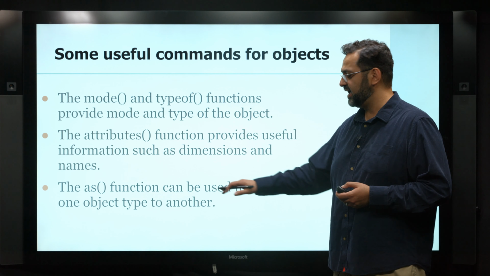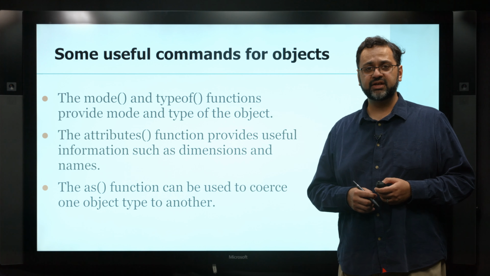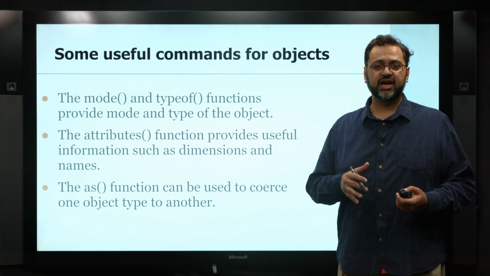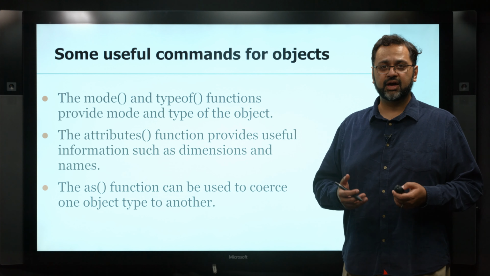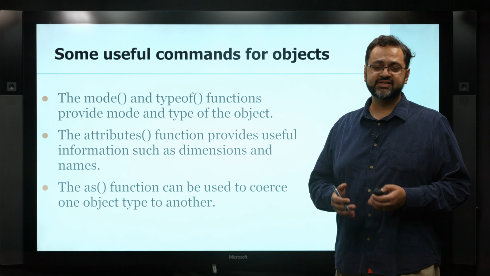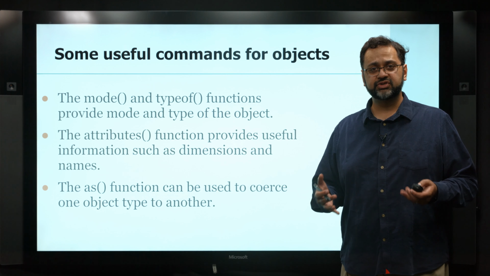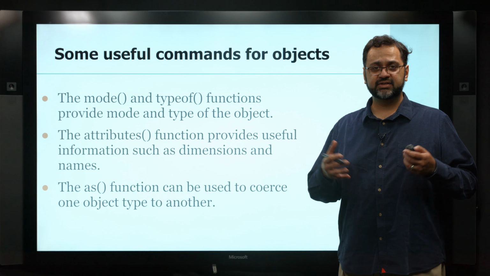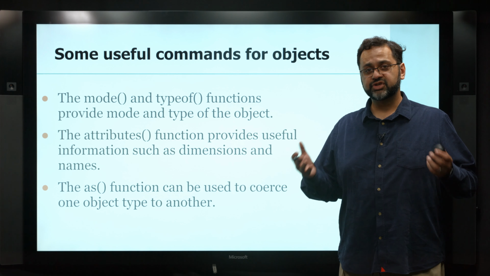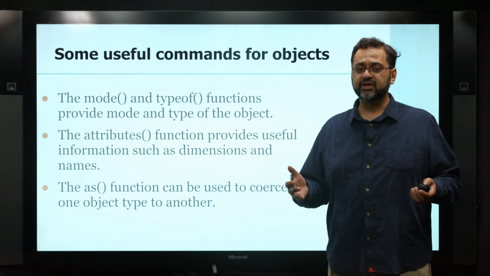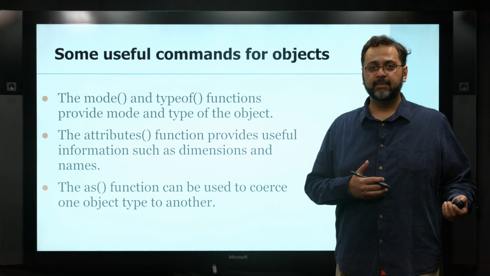Then there's also the as dot function. This is handy in trying to convert one type of object into another. Something that I've had to use before is, let's say you load a file into your workspace and it loads in as a data frame, but you realize that all the values are numbers. So it's perfectly fine to convert this into a matrix.